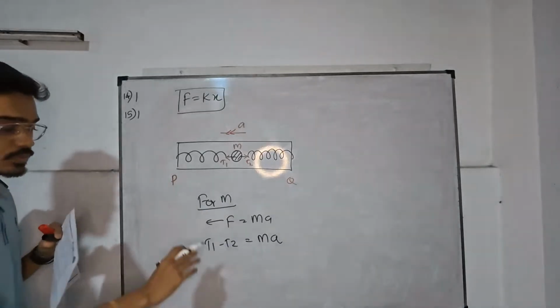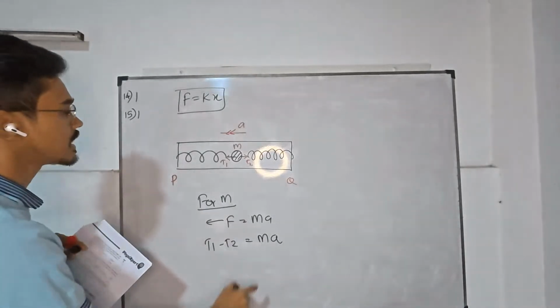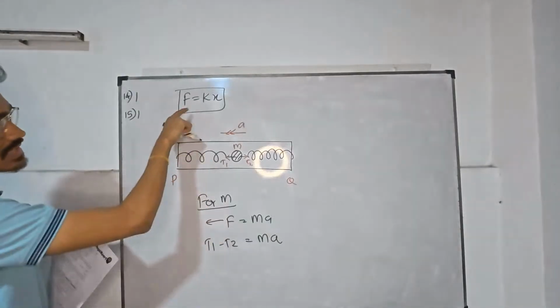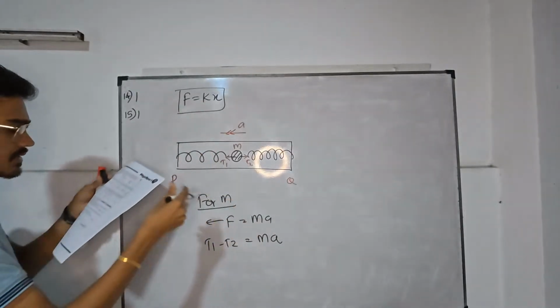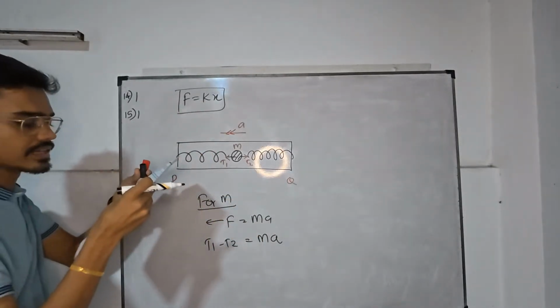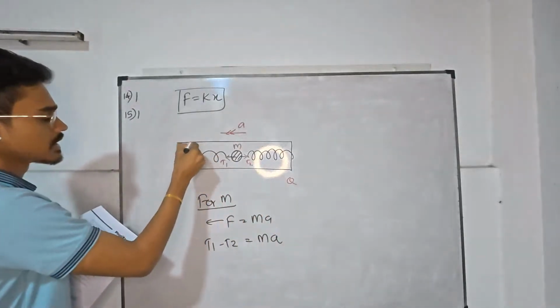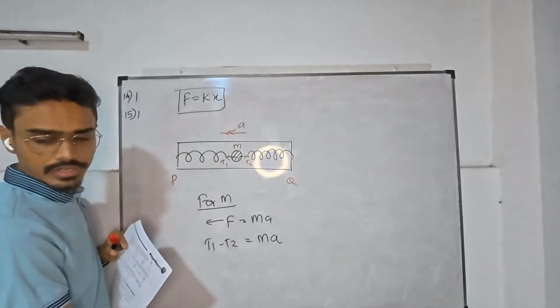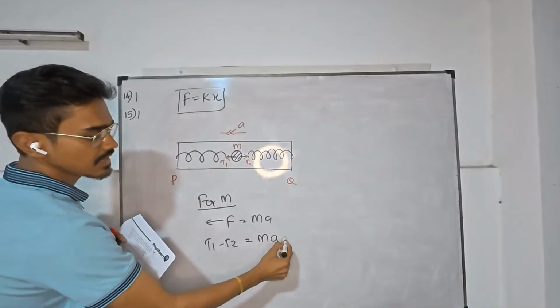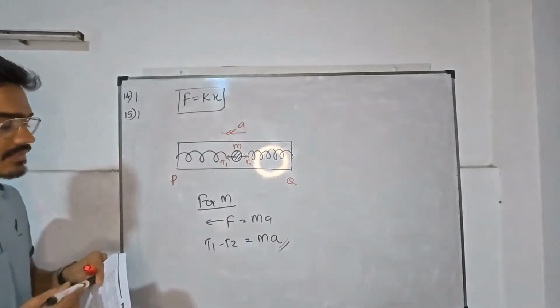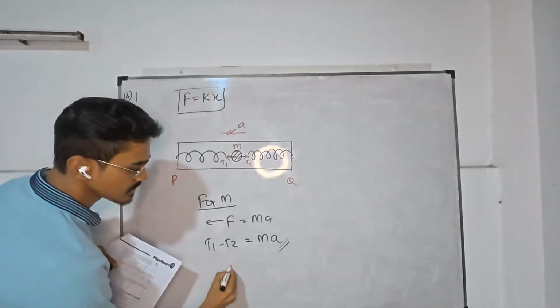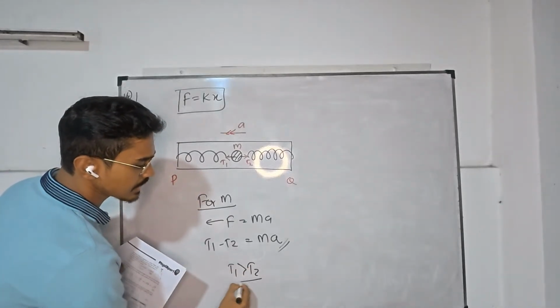So that's a positive value. T1 minus T2 equals ma, and if needed, T1 can be expanded as Kx1. The springs are identical, so K is also the same, then Kx1 minus Kx2. Now, without going to that depth, this is a positive value. Since it is positive, T1 is greater than T2.